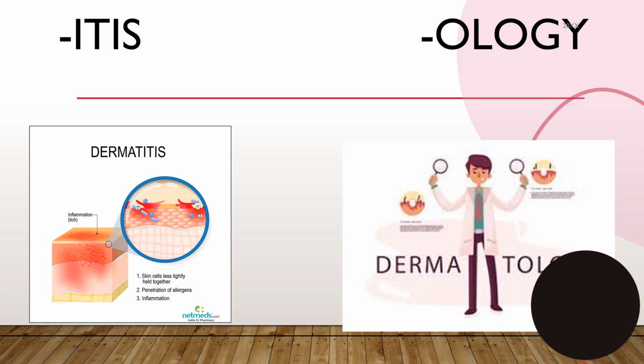And when you combine the suffix with the word root, such as derm, using a combining vowel of either A or O, such as derma, you have itis, inflammation of the skin, dermatitis, and ology, study of the skin, dermatology.